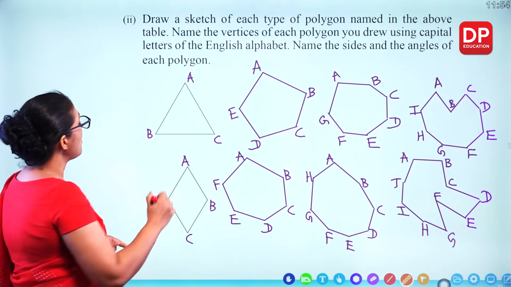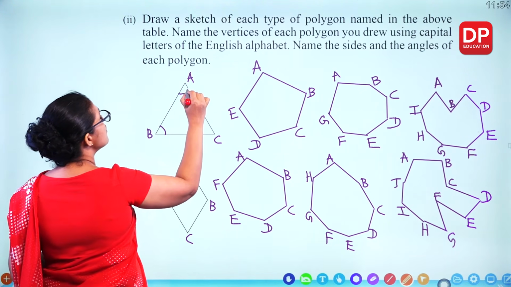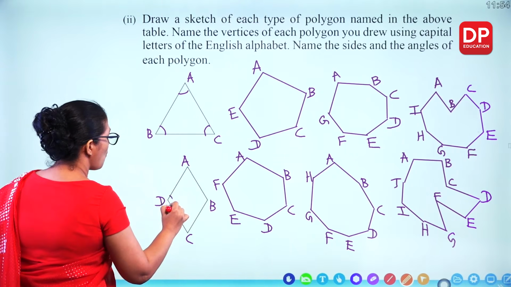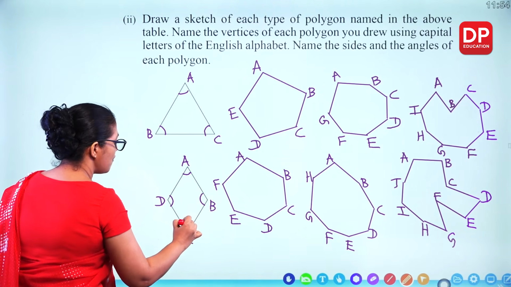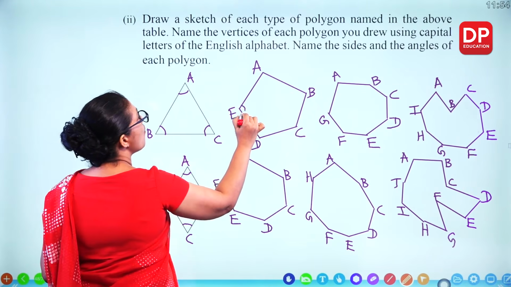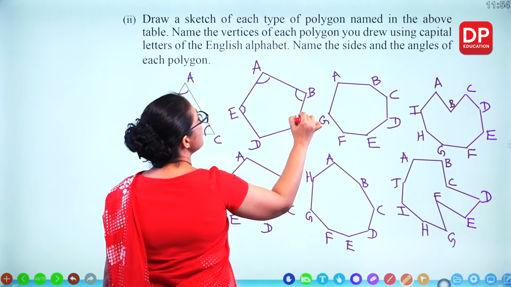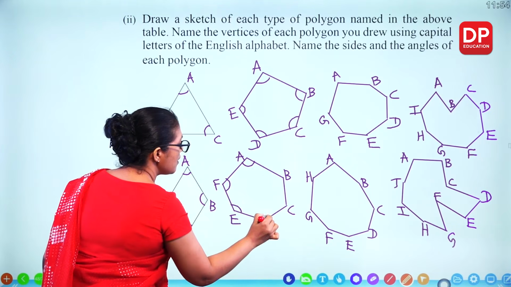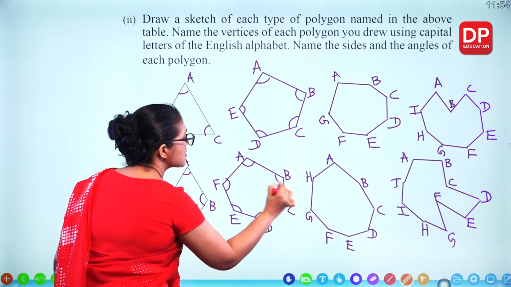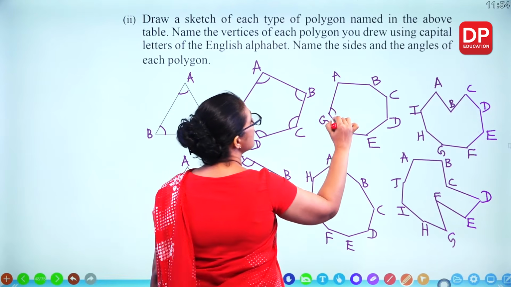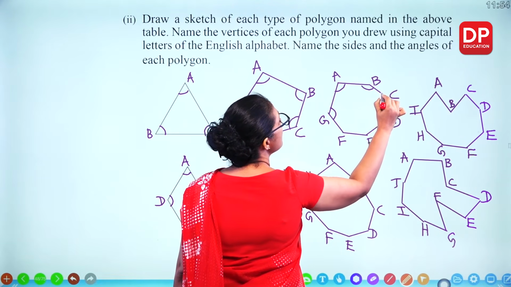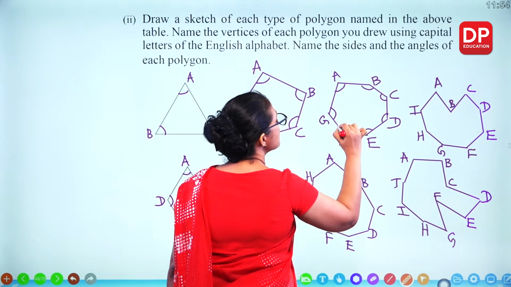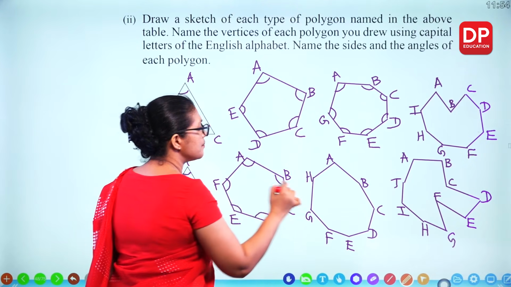Angles also we have to mark. 1, 2, 3 here. 1, 2, 3, 4 angles. 1, 2, 3, 4, 5 angles. 6 in a hexagon. 7 in heptagon.